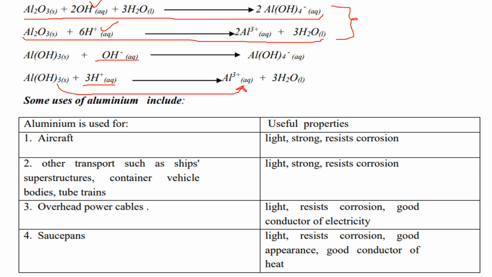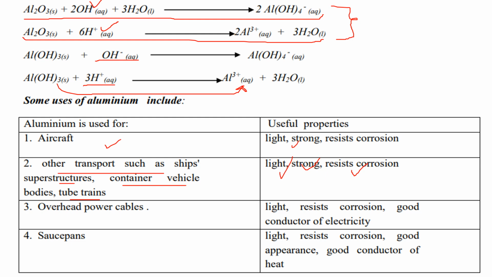So we're saying that some uses of aluminium include the following. Aluminium is used in aircraft because it is light, strong, and resistant to corrosion. We're also saying that it can be used in other means of transport such as ships, container vehicles, bodies, and tube trains, for the same properties: light, strong, and resistant to corrosion.